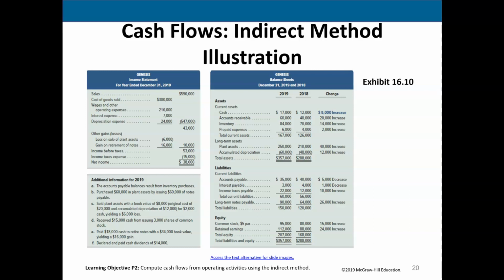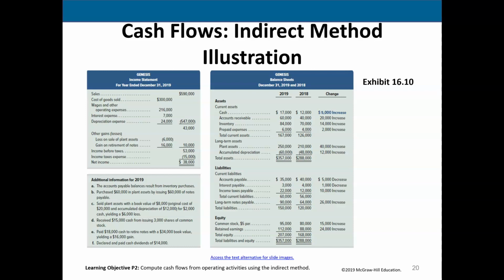Just from looking at the T accounts a few slides prior, we saw that we started off the year with $12,000 and we ended with $17,000. And that gives us a $5,000 increase from the beginning of the year to the end of the year. And accounts receivable was something I talked about as well.